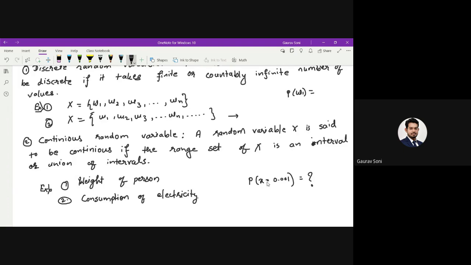In a continuous random variable, I don't have the scope of talking of probability at a certain point. I can always talk of probability in an interval. Remember this: when we have a continuous random variable, I can talk of probability in an interval, not at a certain point. But with a discrete random variable, I can talk about the probability at a certain point.